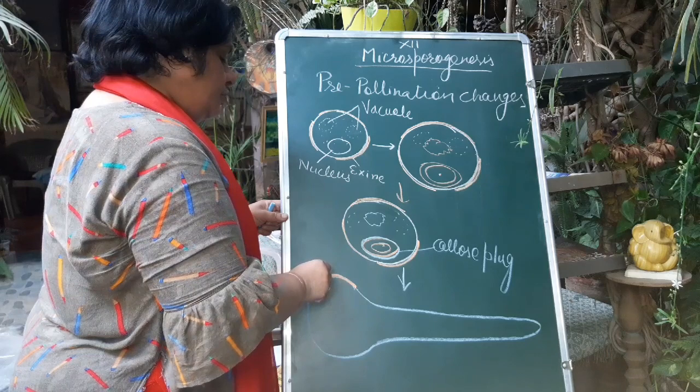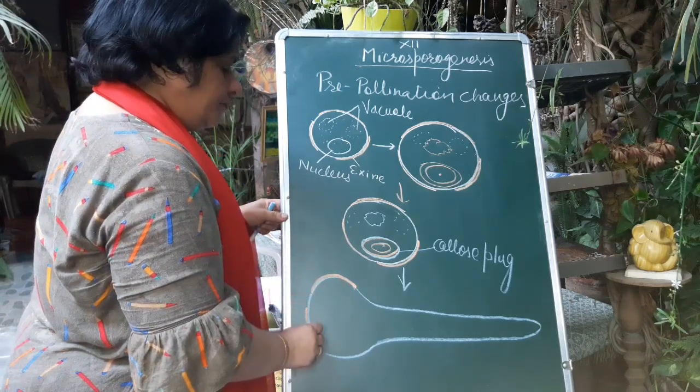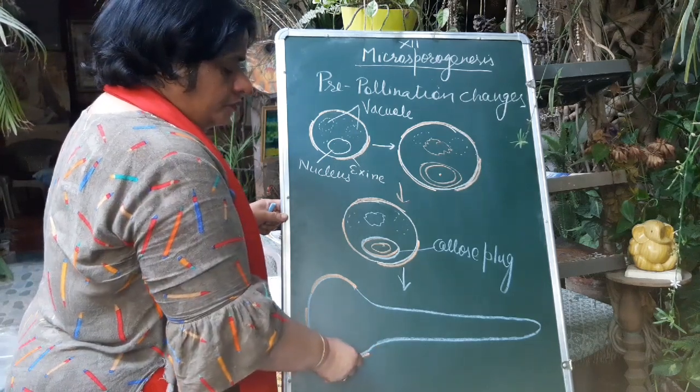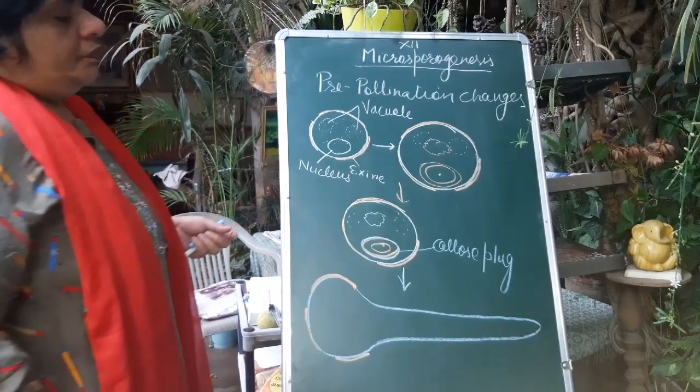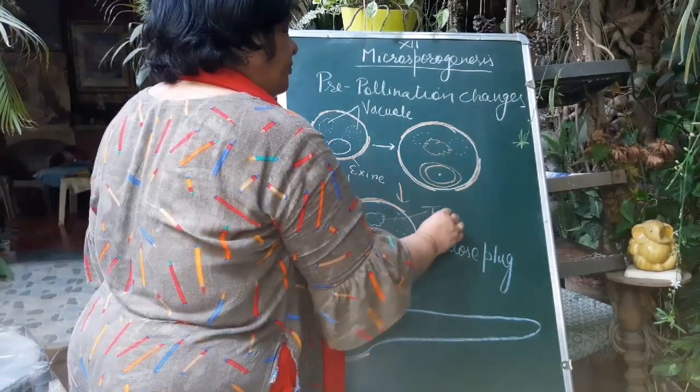And this is the further layer, that is the outer layer, it is called exine, and this pollen tube is covered by intine, and this nucleus is called tube nucleus.